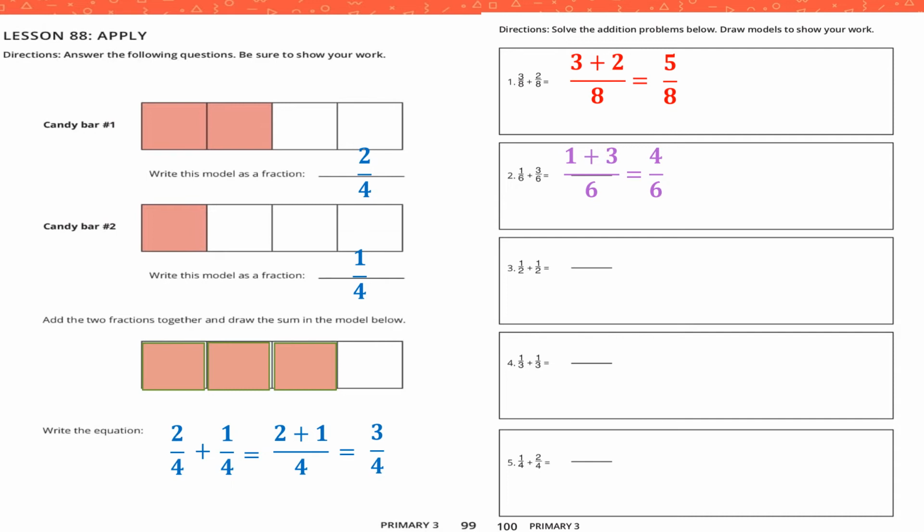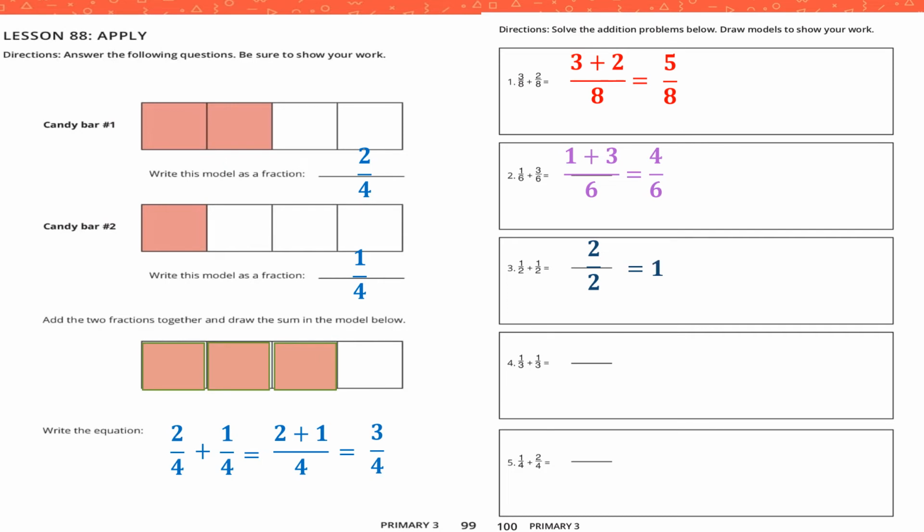Number 3. 1 over 2 plus 1 over 2. The first step, same denominators, so put the denominator as it is, 2. And add the numerators. 1 plus 1 equals 2. So the result will be 2 over 2 equals 1.